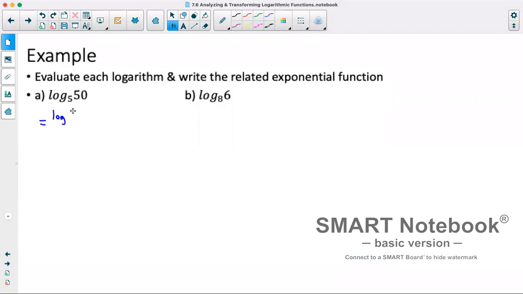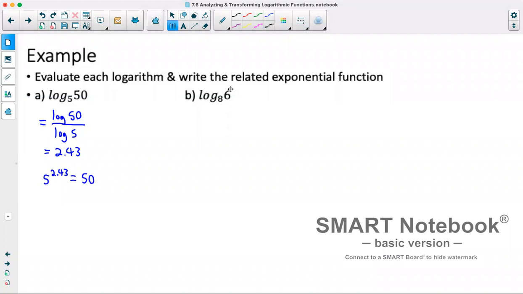So log of 50 divided by log of 5. Now that gives us 2.43. Now, if we want to change this into an exponential function, that would be 5 to the power of 2.43 equals 50.